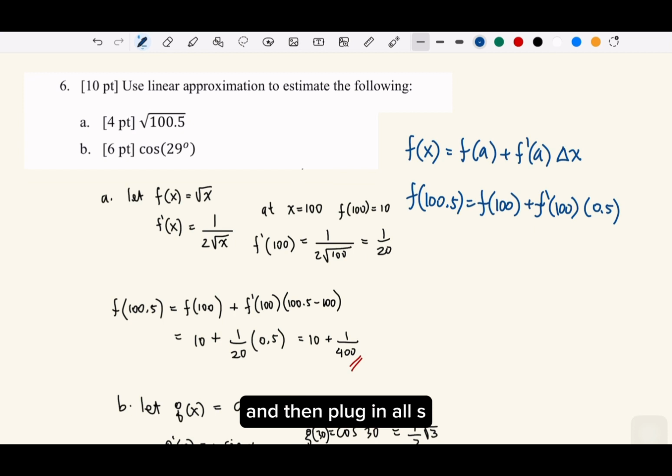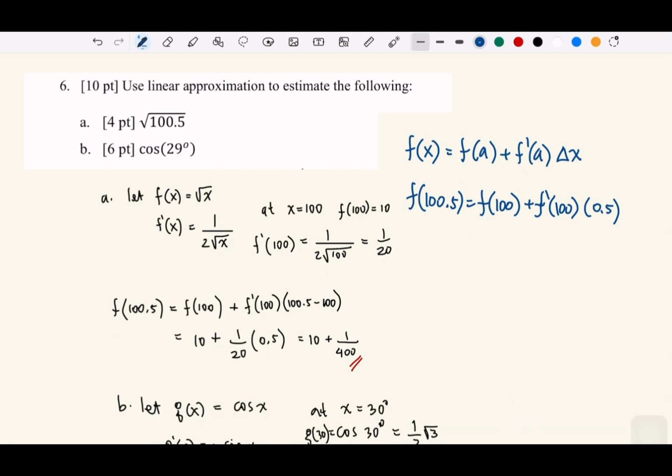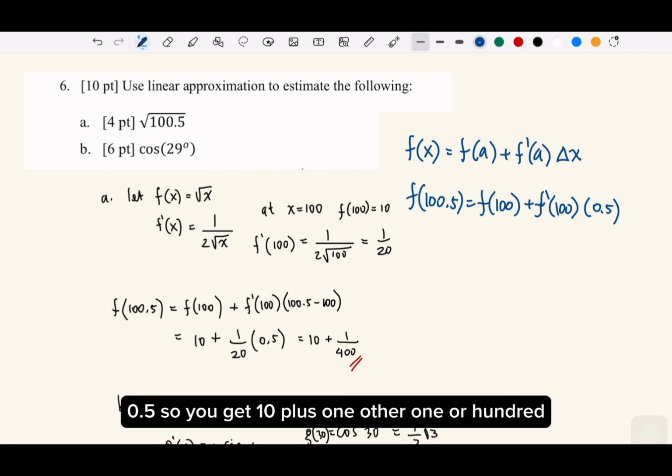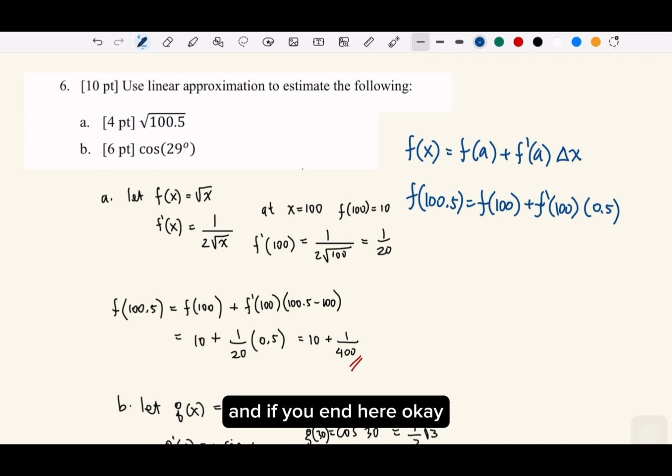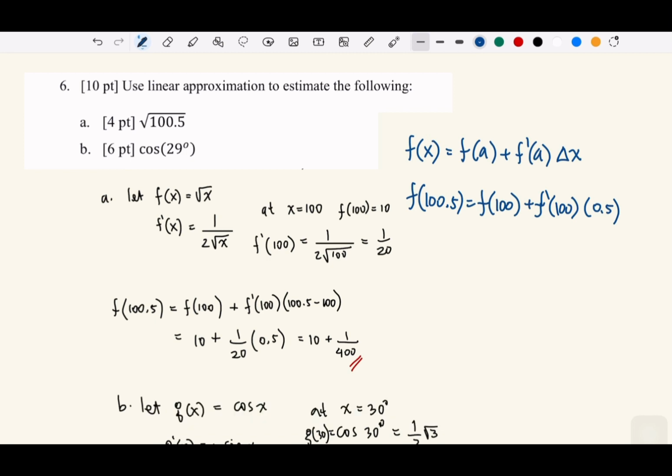And then plug in all as it is. The f prime is 1 over 2 square root of x. This is 1 over 20. And then multiply by 0.5. So you get 10 plus 1 over 40. And if you add up to here, it's okay. If you want to combine, it's okay. If you want to make it decimals, also up to you.